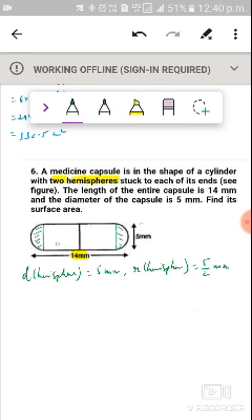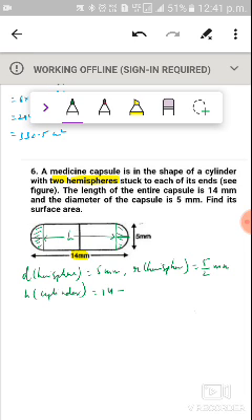So you see, the length of this cylindrical part, or the height of the cylinder, you can say, from this point to this point, will be the height of the cylinder. So the height of the cylinder will be the total length of the capsule, that is 14 millimeter, minus we have to subtract the radius of the hemisphere from this part and this.